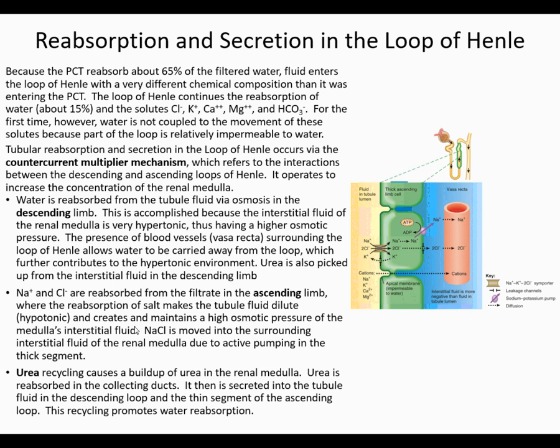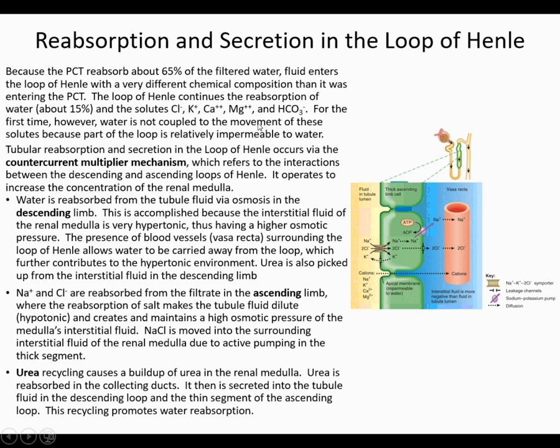Loop of Henle continues the reabsorption of water, about 15%, and those same solutes, but for the first time, water is not coupled to the movement of those solutes because part of the loop is relatively impermeable to water. Remember, impermeable means water can't pass through.